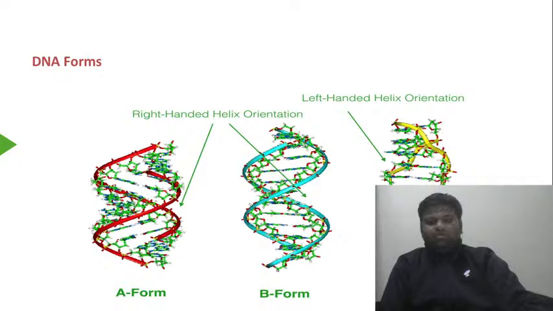So there are the A form and B form, which are in the right-handed helix orientation, and then there is the Z form, which is in the left-handed helix orientation.